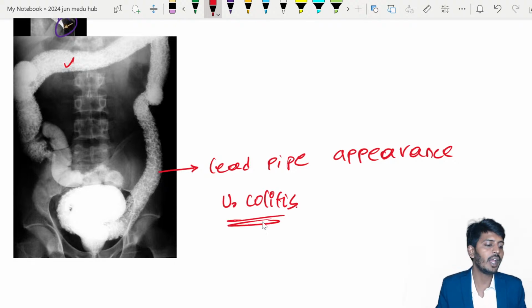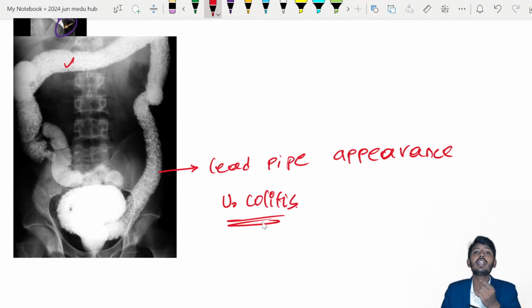Now you can ask me, sir, why not in Crohn's disease? Remember, Crohn's disease is not a continuous disease. It can involve any part of the GIT. Some part of the ileum will be involved, some part of the large intestine, some part of the rectum, but ulcerative colitis involves only the large intestine.